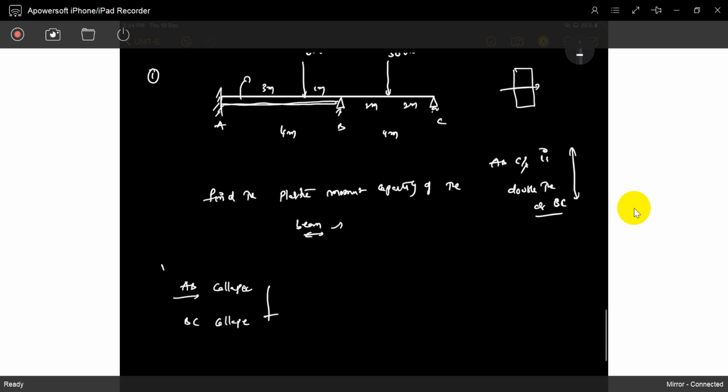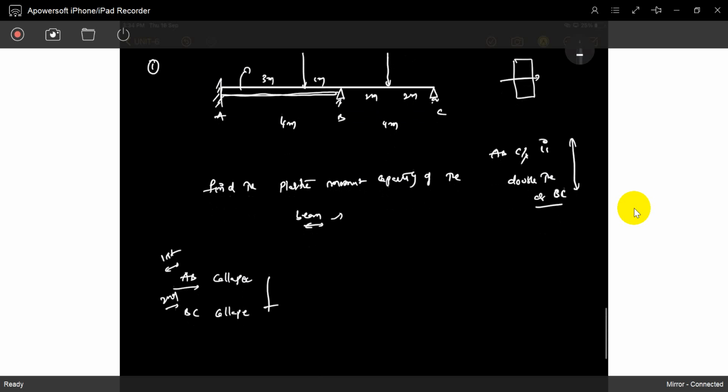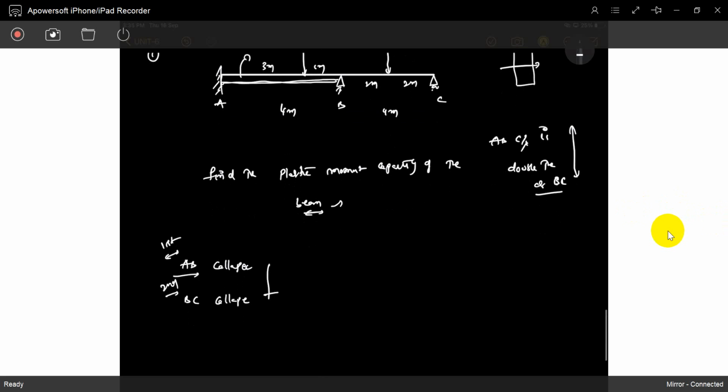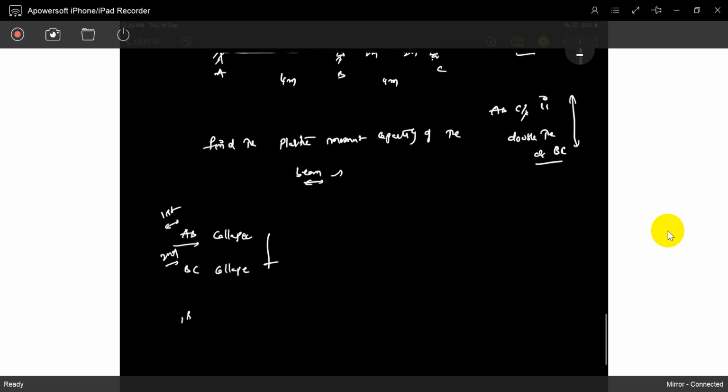Understood? It's the first possibility, it's the second possibility. We have to check both. So first check the AB possibility, the first possibility of the AB span.